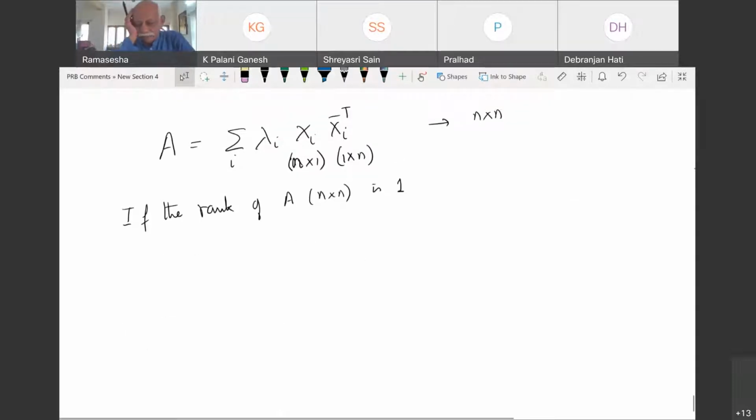Any other questions? No? Okay, so let's continue. My question: if A is a singular matrix, what can you tell about its eigenvalues? What is the relationship between the determinant of A and the eigenvalues?